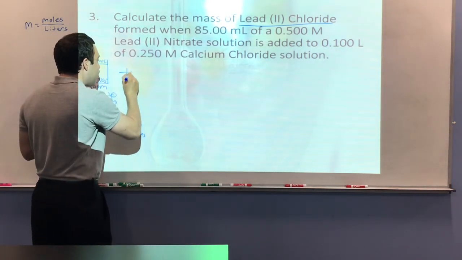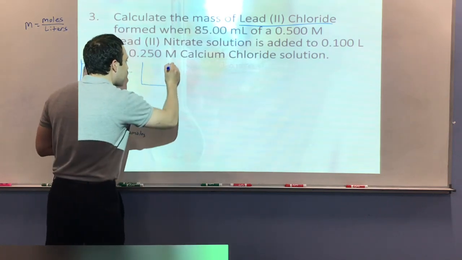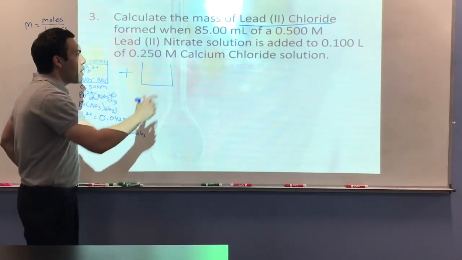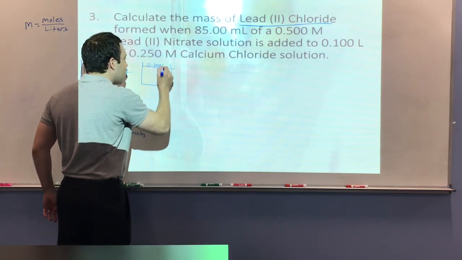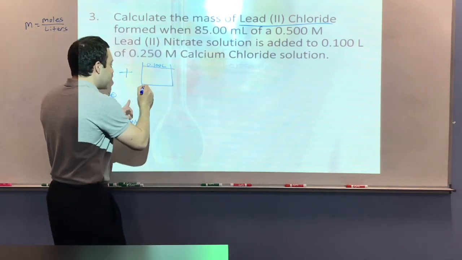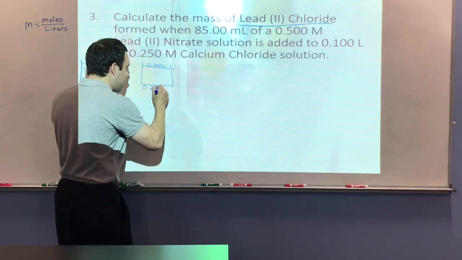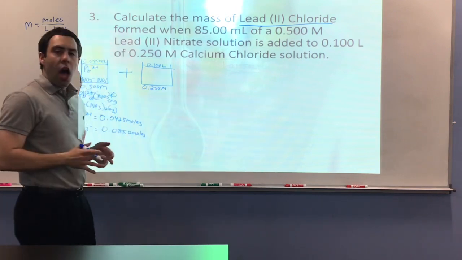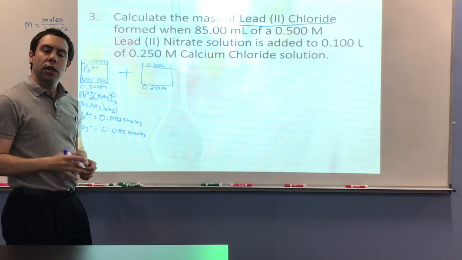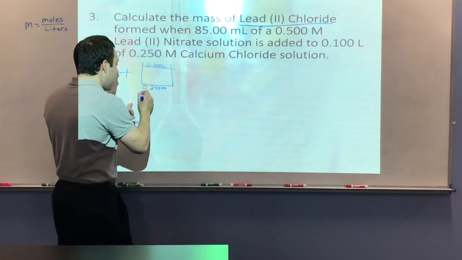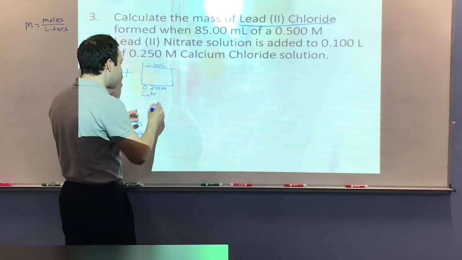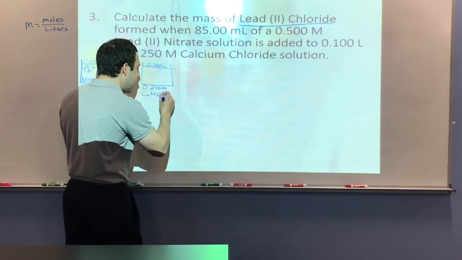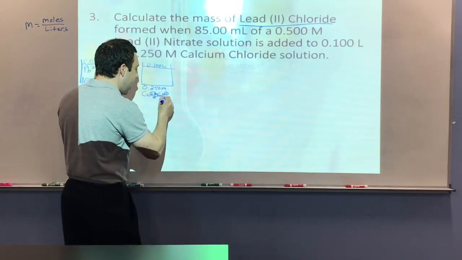For our second beaker, we already know that we have 0.100 liters of a 0.250 molar solution of calcium chloride. So same thing. We know that calcium is in group 2, so has a charge of +2. Chlorine in group 17 has a charge of -1.